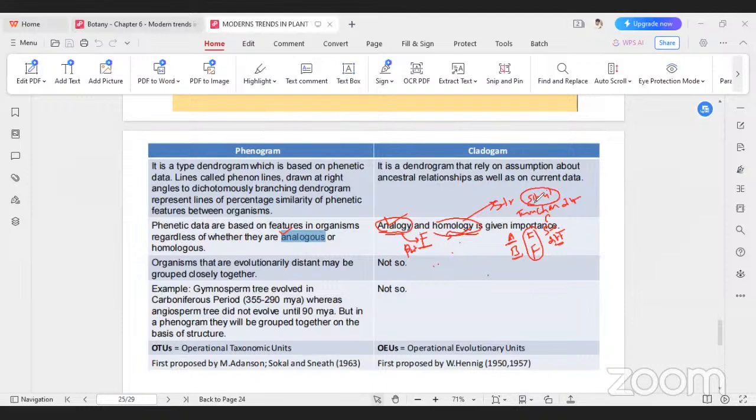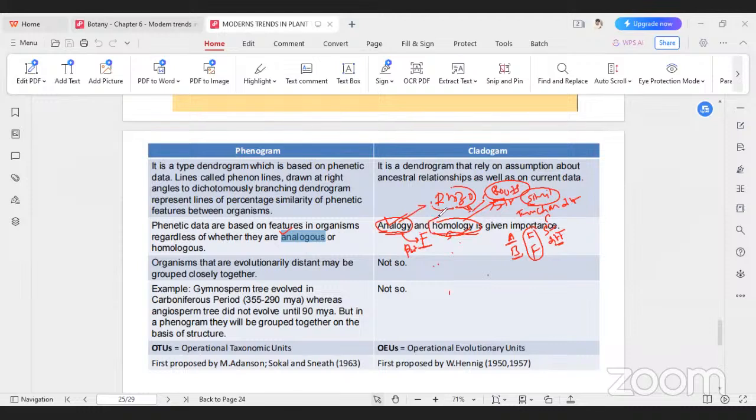Wings of flying animals like birds and insects are analogous. If you take the plant kingdom, rhizoids and roots: root structure is different, rhizoid structure is also different, but function is the same. So they are also analogous.